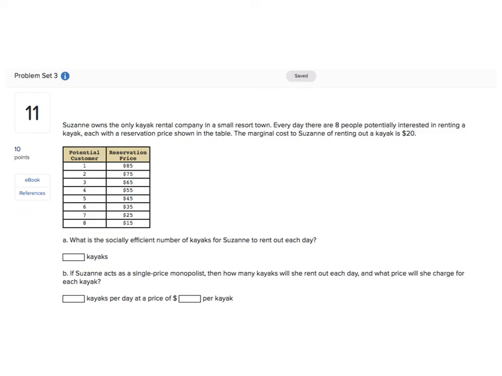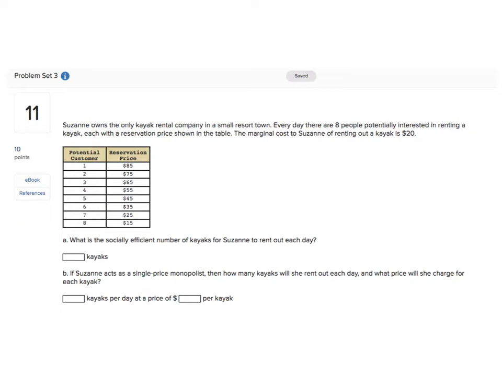I had a question about number 11 on the homework. First off, what is the socially efficient number of kayaks? That's going to be our basic efficiency condition, that price should be equal to marginal cost. Remember, we had that unit on perfectly competitive markets, and we found that price equals marginal cost was supply equals demand.